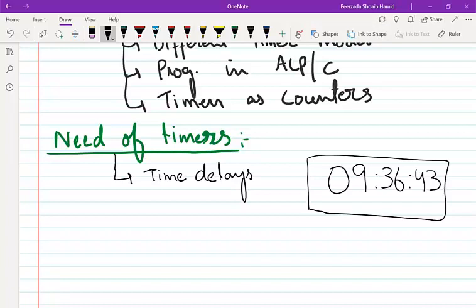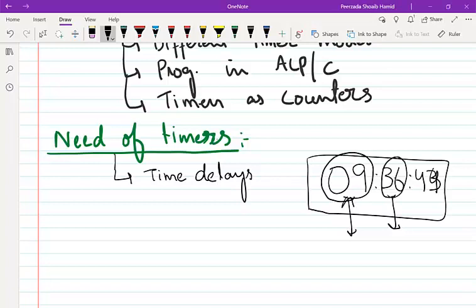After every second it needs to increment, so 43 needs to become 44, and similarly after every minute this number needs to increment, and after an hour this number needs to increment. So we need to generate exact time delays to run the digital clock smoothly.